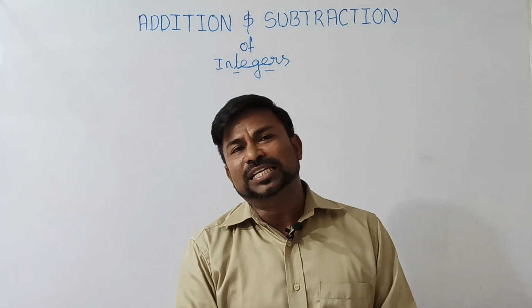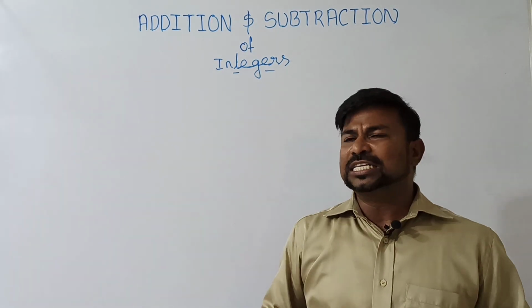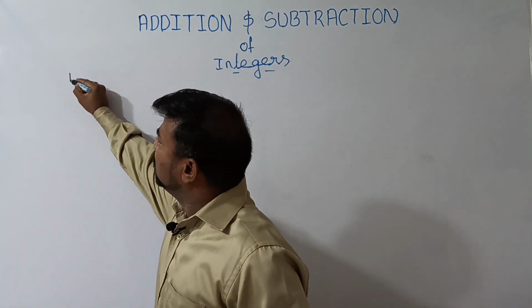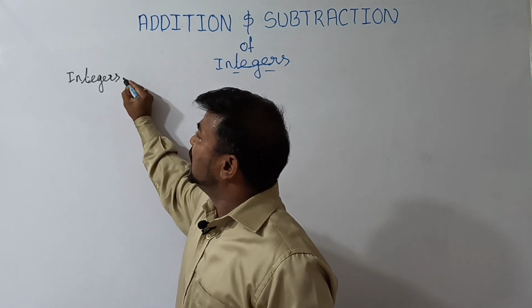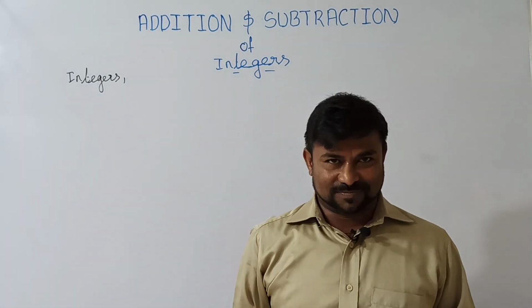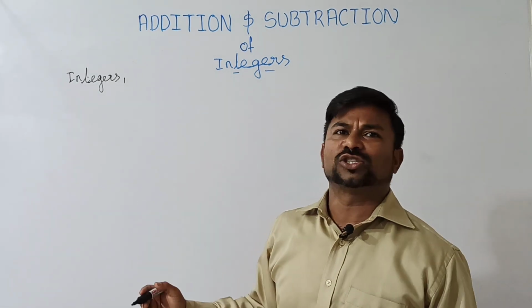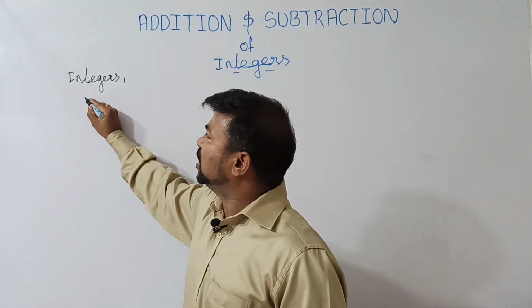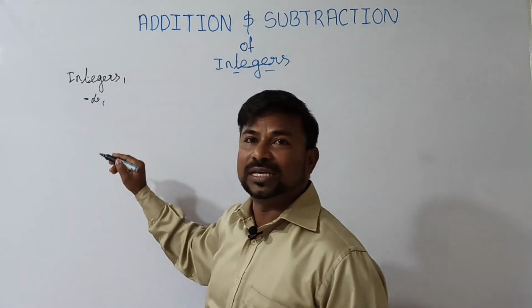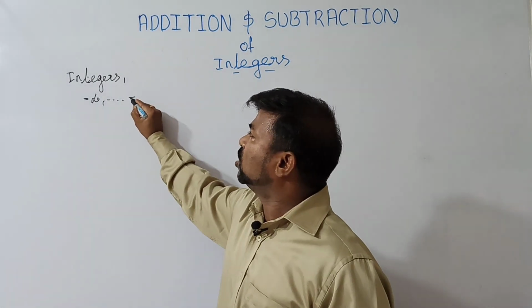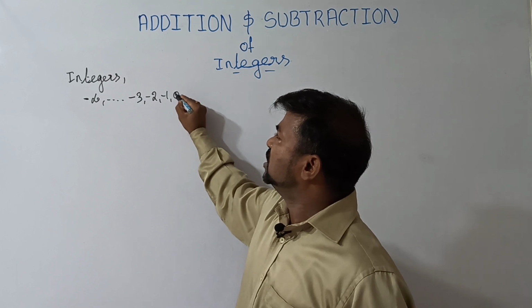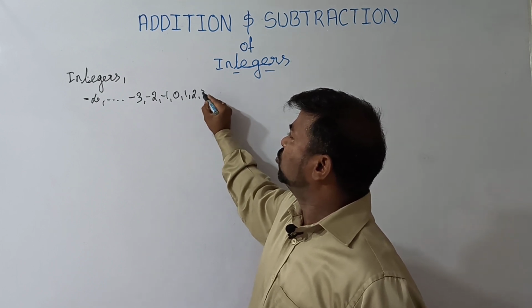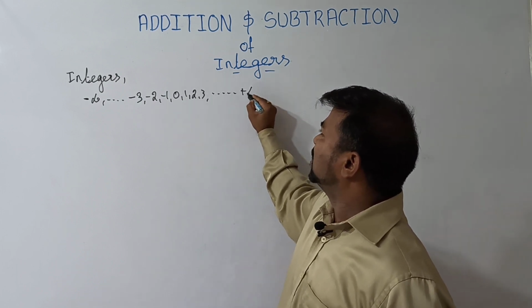What are integers? Integers start from negative infinity and go on till -3, -2, -1, 0, 1, 2, 3 and go on till plus infinity.